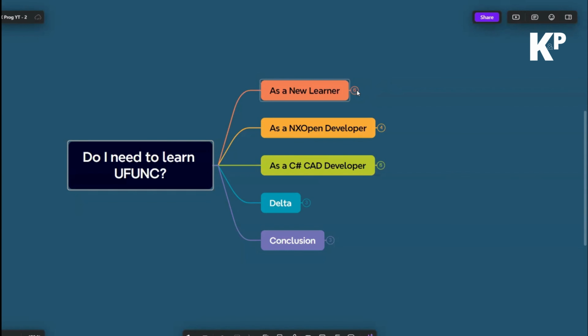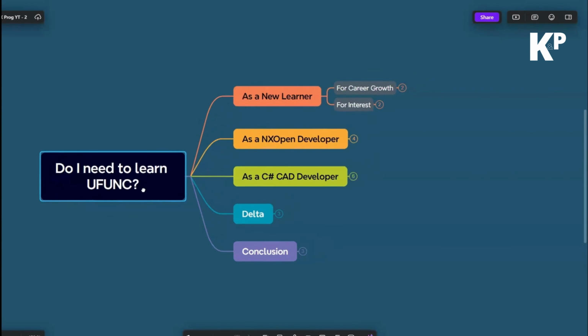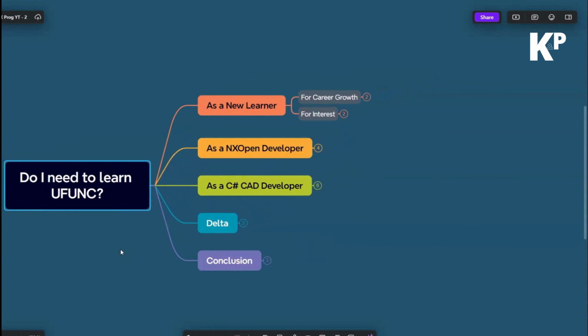When you as a new learner start thinking about considering UFUNC for your learning, then you must have an ultimate goal in your mind very clear. Your goal could be that you are learning it for your career growth or for your interest. If you are looking to learn UFUNC for your career growth, then I do have a clear answer for you.